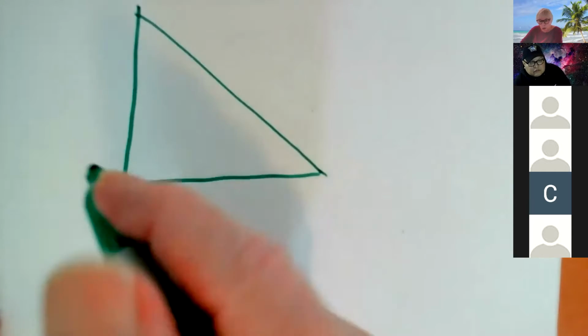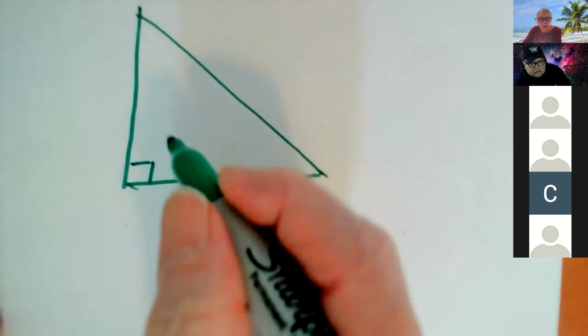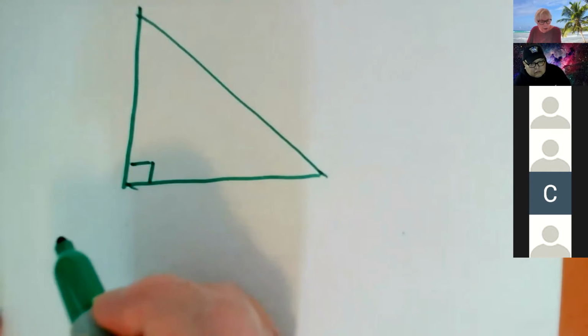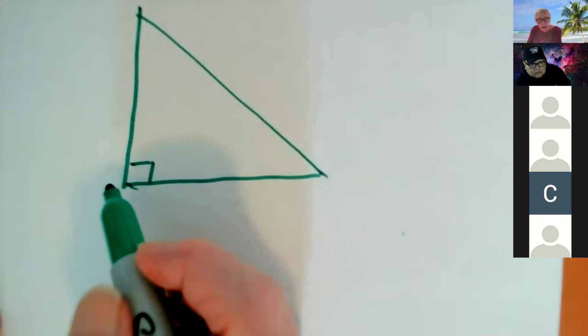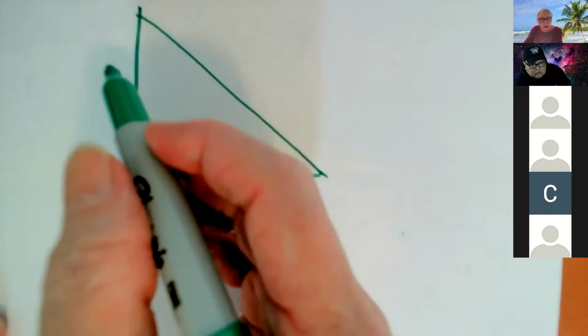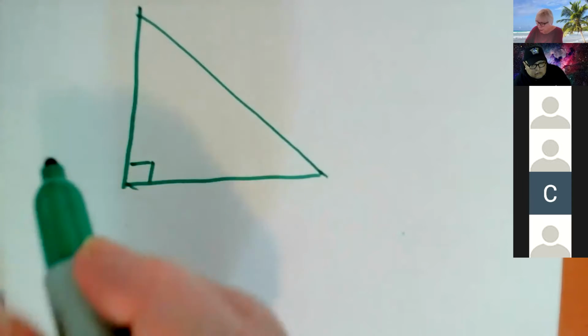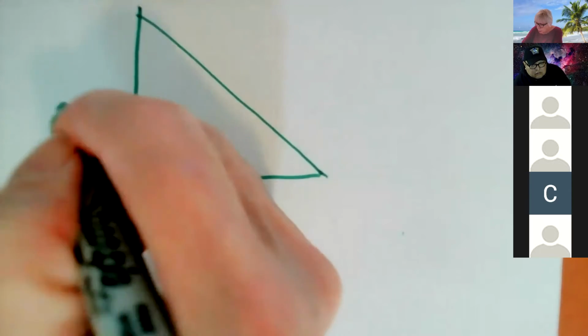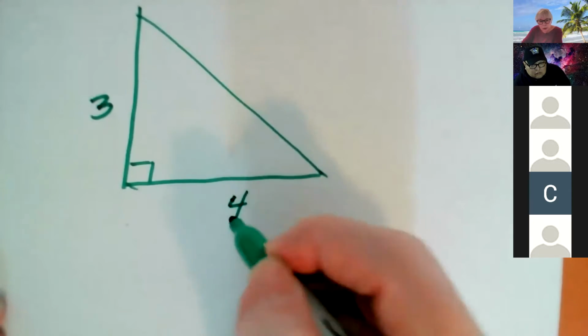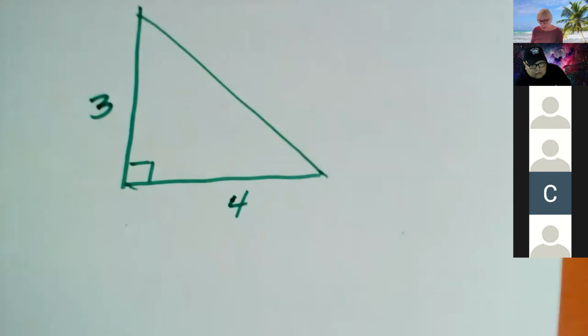This is a right triangle, and I haven't drawn it perfectly, but this is a 90-degree angle here. And so this has special qualities, and one quality is if I knew this was 3 and I knew this was 4, it could be feet or whatever, could I figure out the length of this?